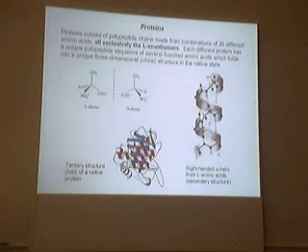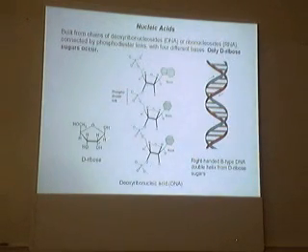And then nucleic acids are built from chains of deoxyribonucleotides in DNA, or ribonucleotides for RNA. Only D-ribose sugars occur. So there's D-ribose, which occurs in RNA.